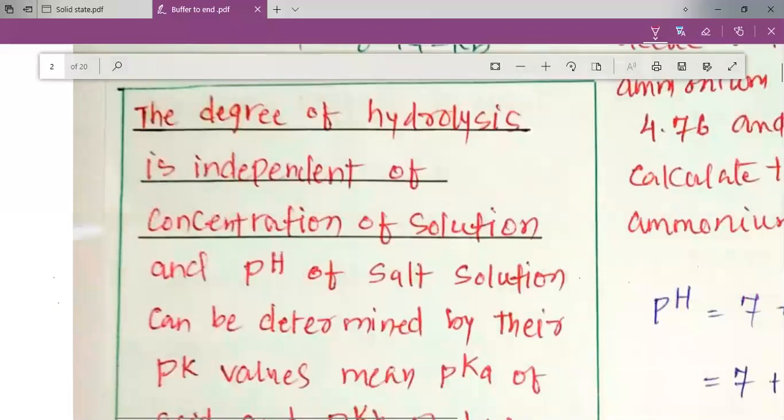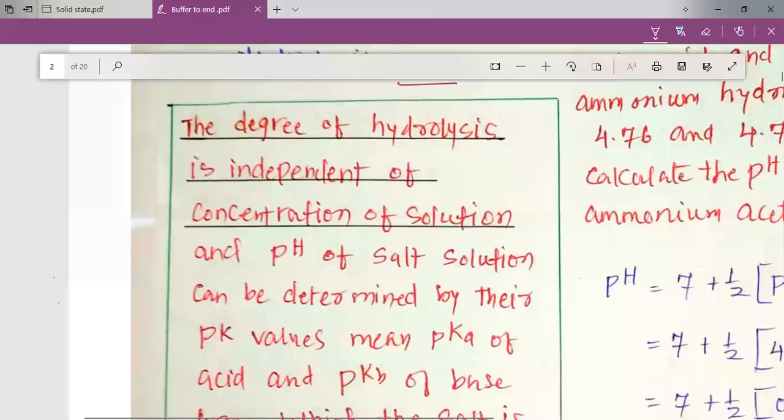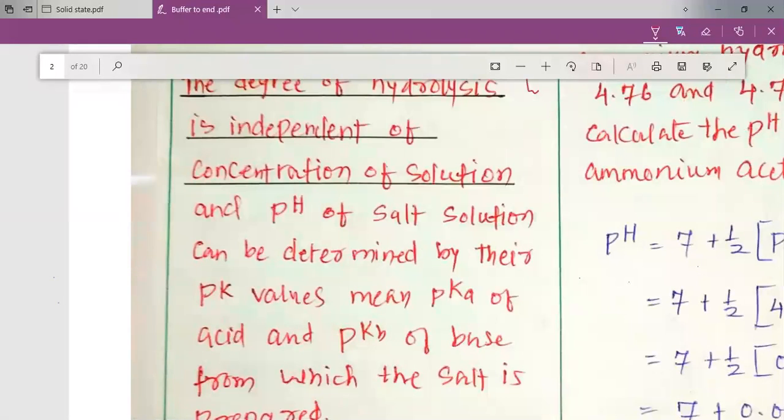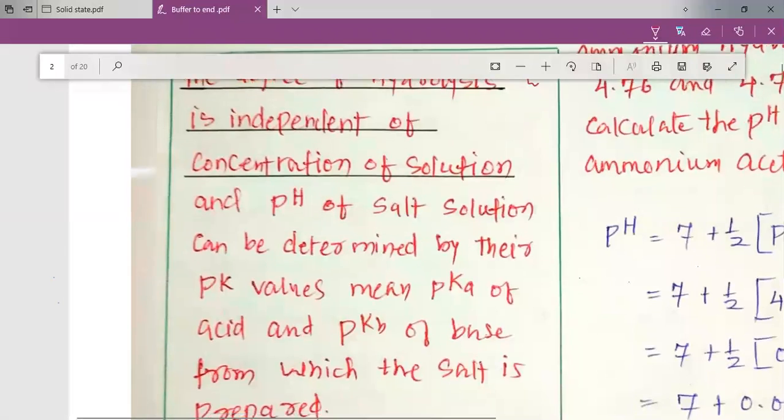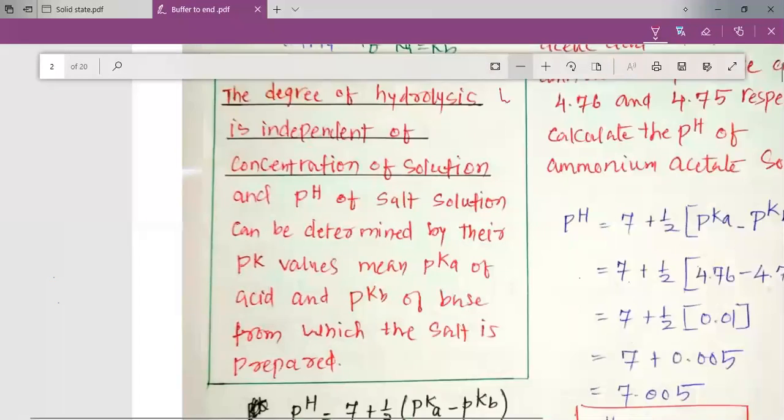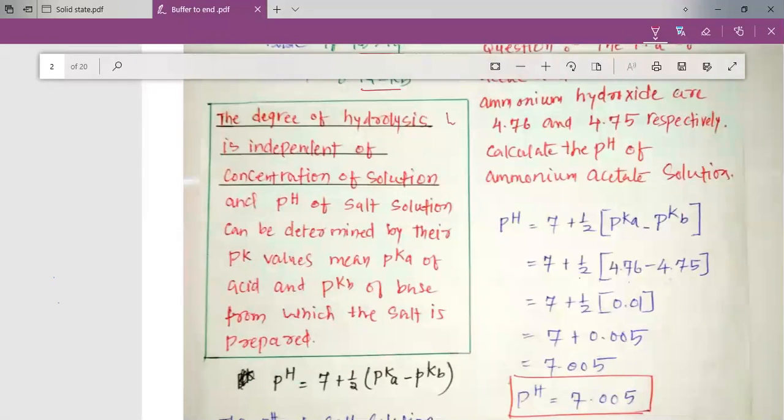Now we need to understand a new term. Let us study this term. The new term is known as the degree of hydrolysis. How do we determine the degree of hydrolysis?